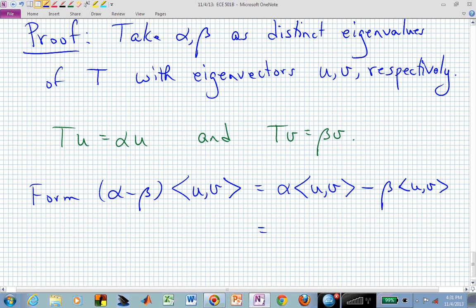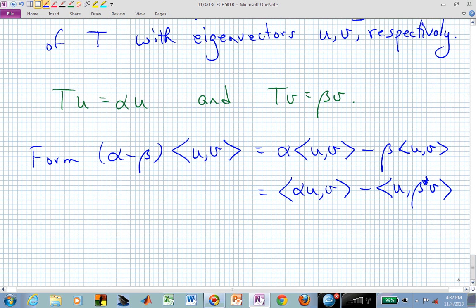And now by the homogeneity in the first slot, that's alpha times the inner product of u and v, minus, and now let me put that beta in the second slot. If I do that, what happens? This is review for exam 2. It's beta star, isn't it? It's the complex conjugate of beta. We now have beta star v. But what is alpha u?